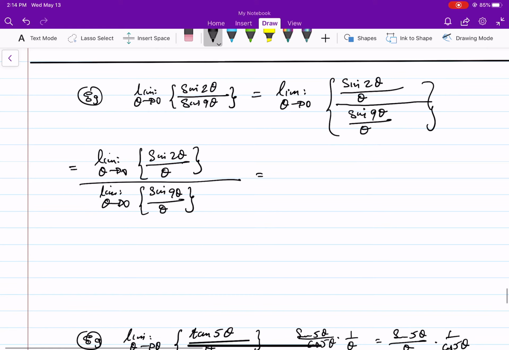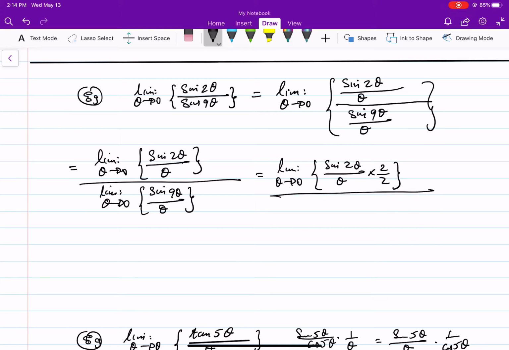This becomes the limit as theta approaches 0 of sine 2 theta upon theta times 2 over 2. Right? I'm not changing anything there, really. Divided by the limit as theta approaches 0 of sine 9 theta upon theta times 9 upon 9.